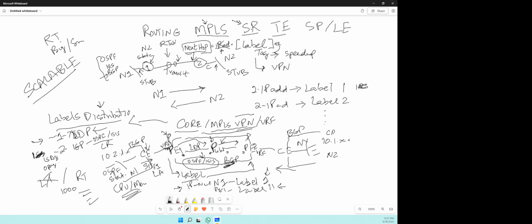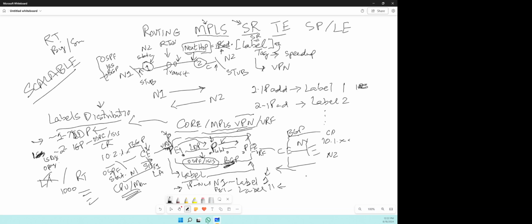So segment routing is source routing, meaning the source is going to tell me what the route is instead of me maintaining the table of next hop. He's going to tell me where to go, and I'm just going to forward the packet.